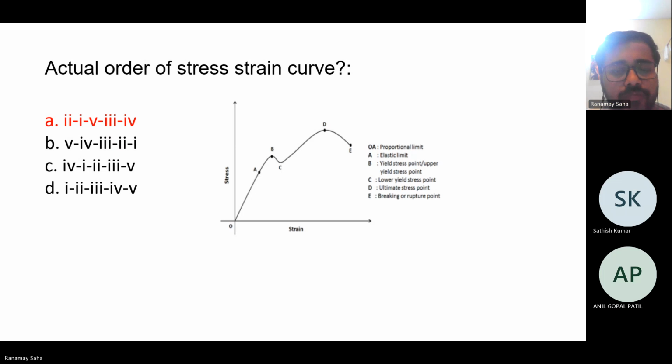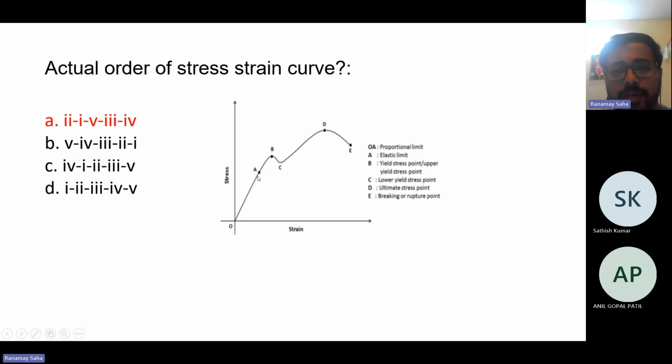It starts with the proportional limit up to which Hooke's law is followed. Up to this point, the material goes back to its initial state, following Hooke's law. Then point B, the elastic limit; elastic limit and proportional limit are similar, with very small differences.